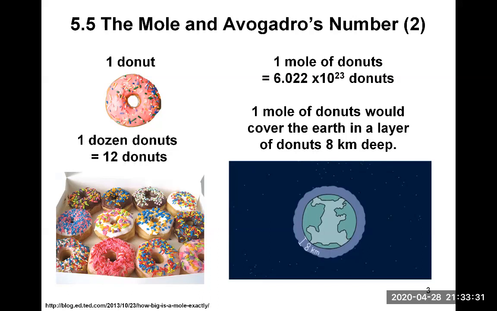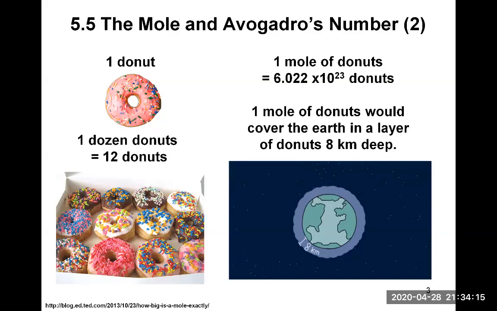But now if you were asked to gather a mole of donuts, which means 6.022 times 10 to the 23rd donuts, it would be simply impossible, because a mole of donuts would cover the Earth in a layer of donuts 8 kilometers deep. 8 kilometers deep are 5 miles, 5 miles of a thickness of donuts covering the whole planet Earth. So it's just impossible to gather so many donuts and, to start with, to make them.